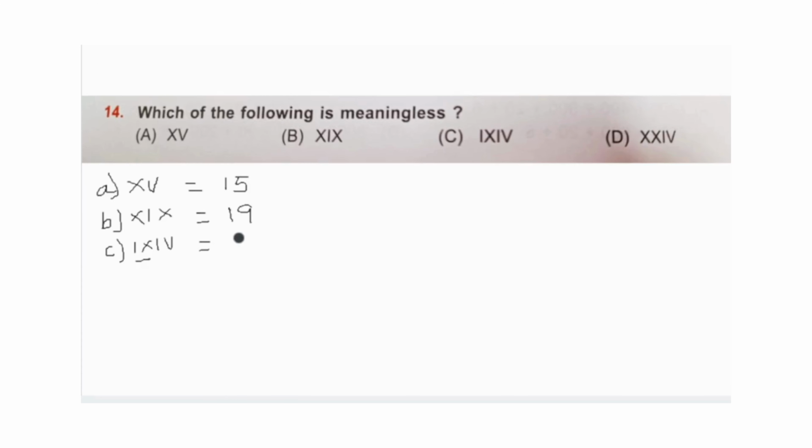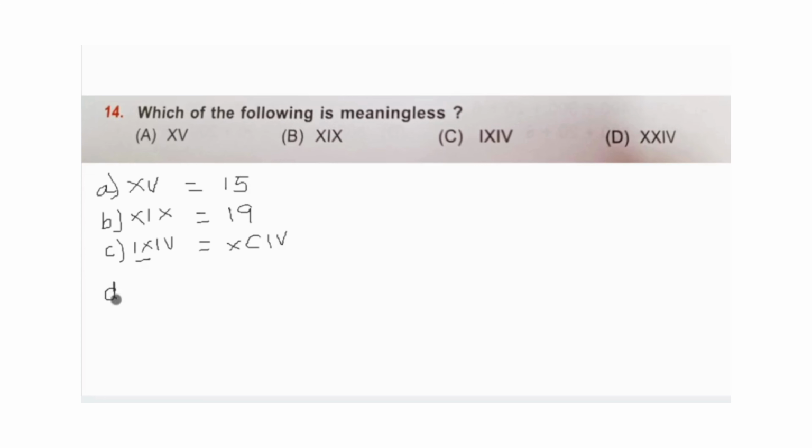So this cannot be 94. The ideal way of writing 94 would have been XCIV, which is 94. But this is not the correct representation of 94.